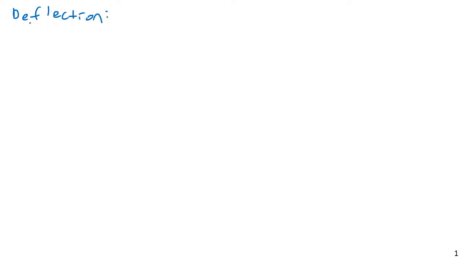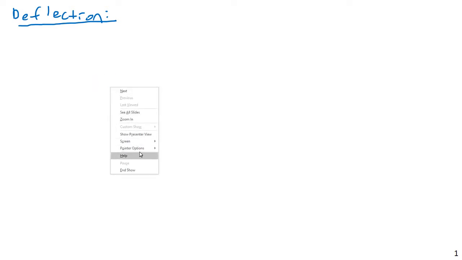So let's begin here. Deflection, as we discussed previously in the serviceability philosophy video, is going to be based on service loads. We could talk about deflection of beams and slabs and other things, but we're going to be concerned primarily with beams today.